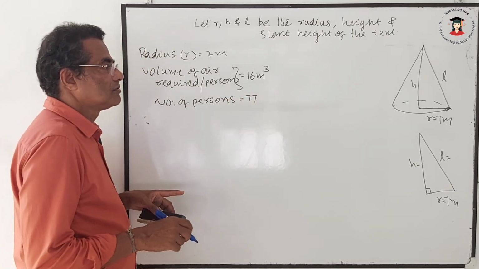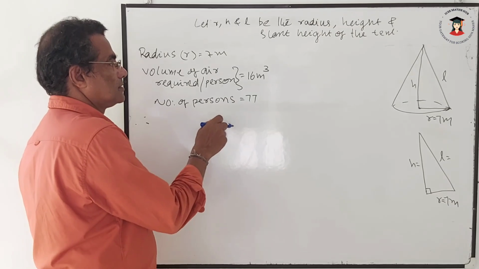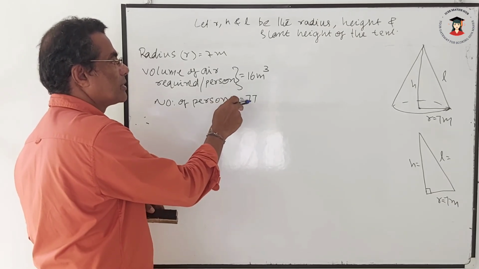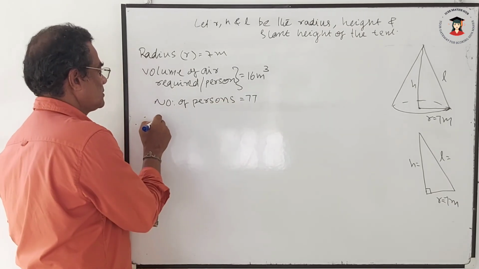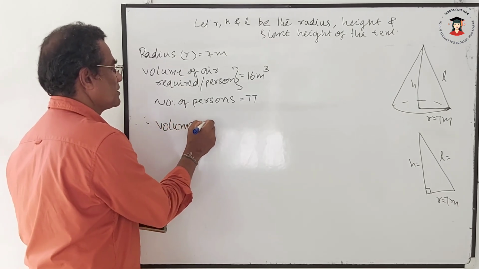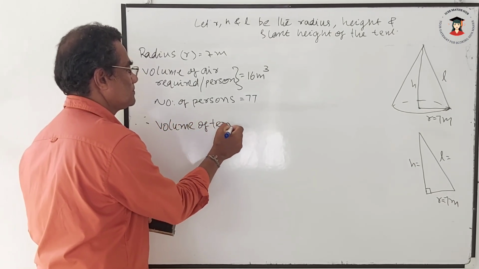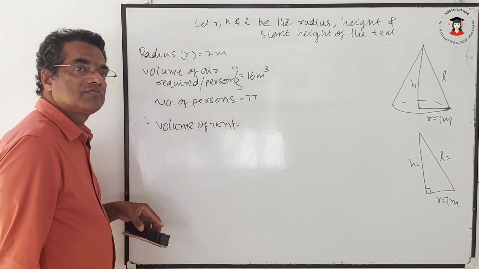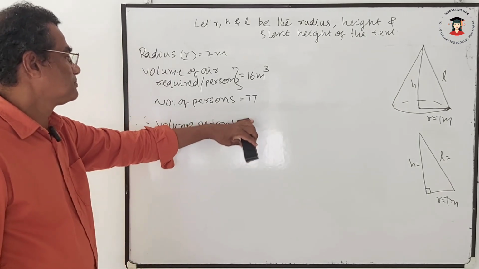Therefore, the minimum volume of the tent that is required to accommodate 77 persons, volume of tent, this is the minimum volume.